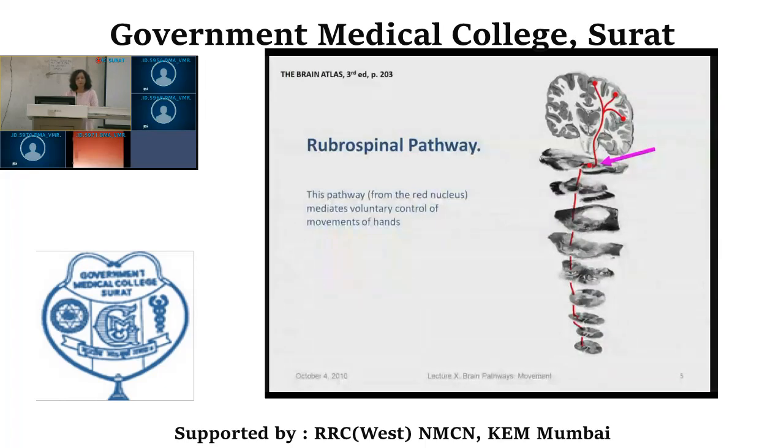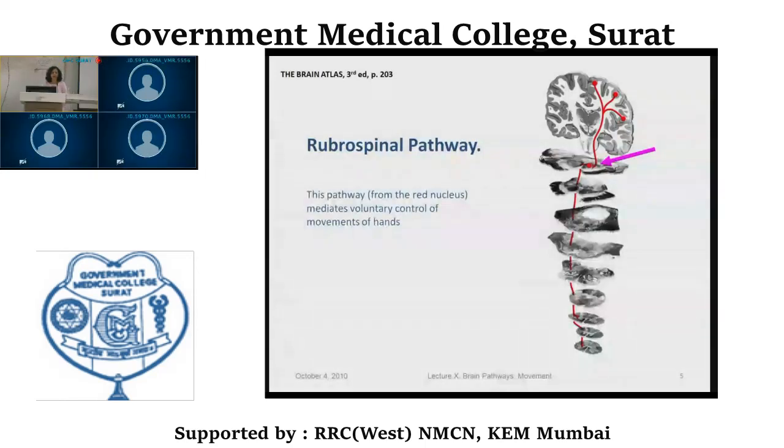The fibers which are connected to the cranial nerve nuclei constitute the corticobulbar tracts. They are known as the corticobulbar tracts.